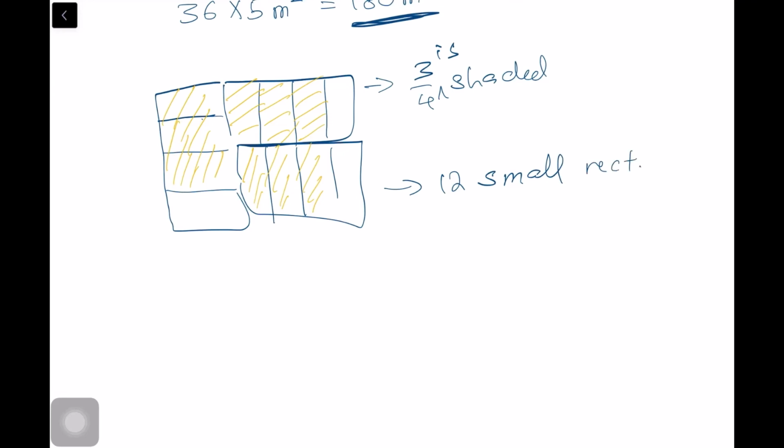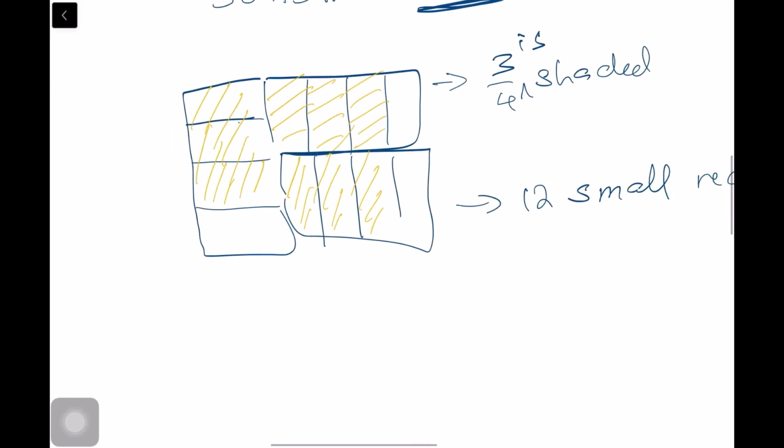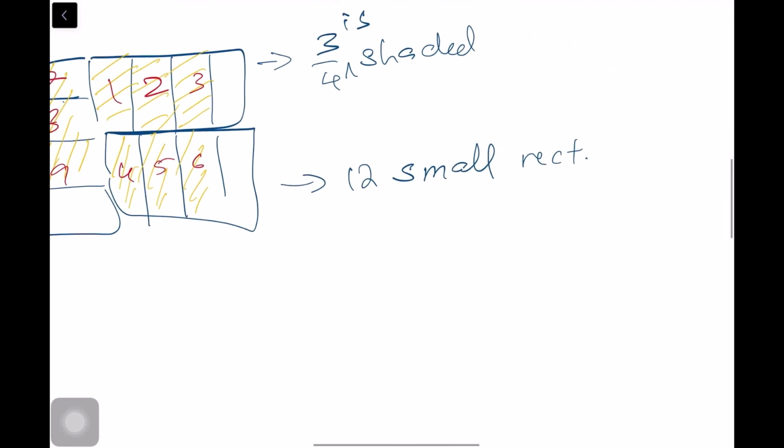And out of these 12 small rectangles, how many are shaded? We have 1, 2, 3, 4, 5, 6, 7, 8, 9. 9 small rectangles are shaded.